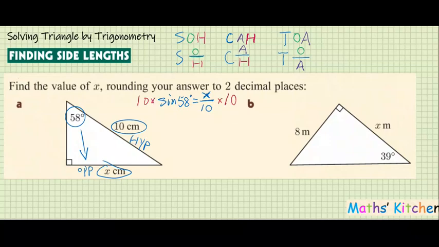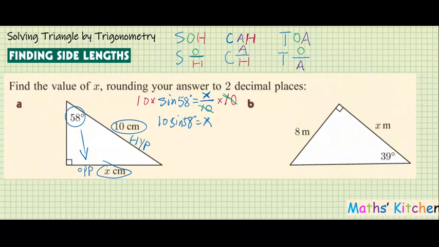If you are not quite familiar with how to solve equations, you can check my other video, how to solve equation. Now because the numerator is 10 and the denominator is 10, we can cancel 10. Now it becomes 10 times sine 58 degrees equals x.